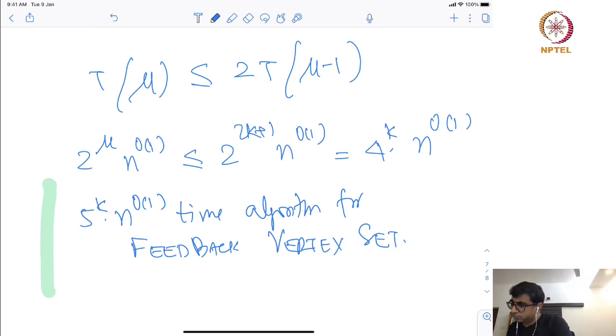Remember we said that if we can get an alpha to the power k algorithm for the disjoint version, then in time 1 plus alpha to the power k we can get an algorithm for feedback vertex set.